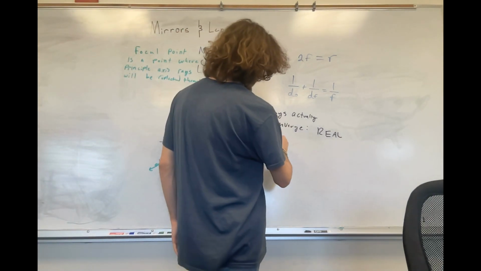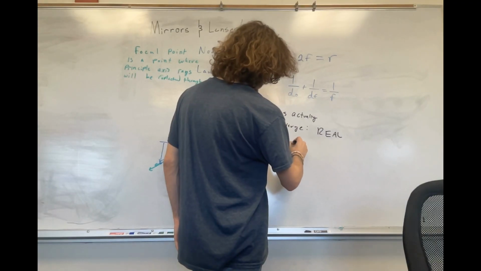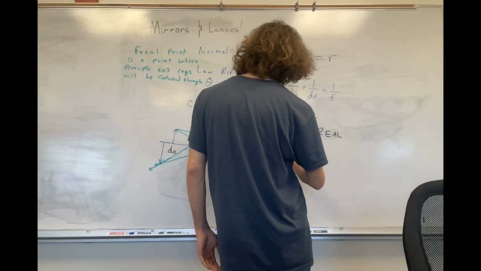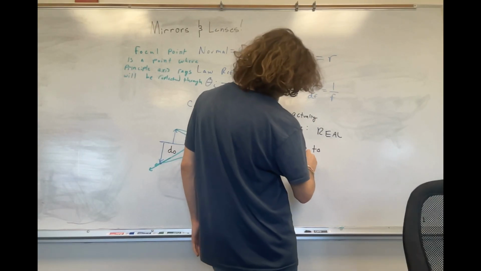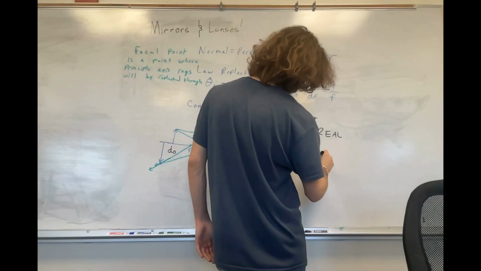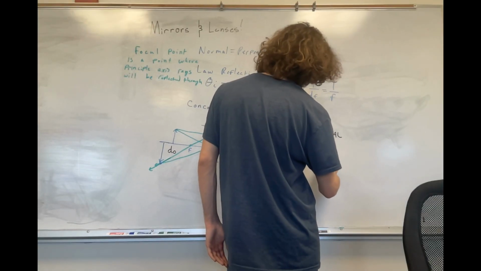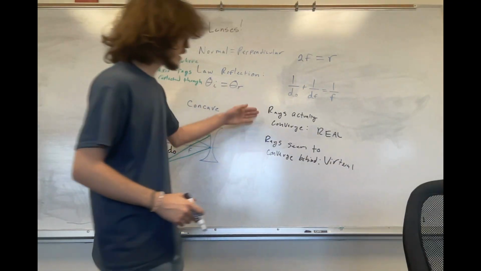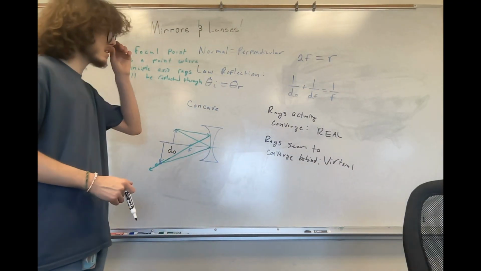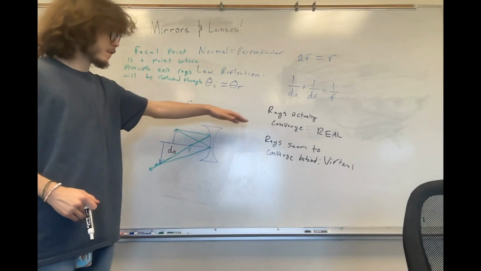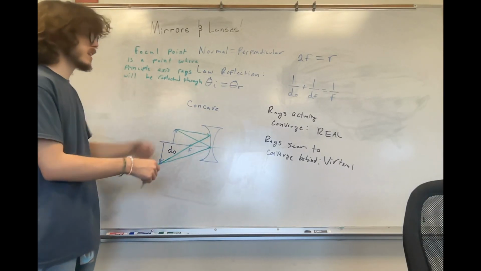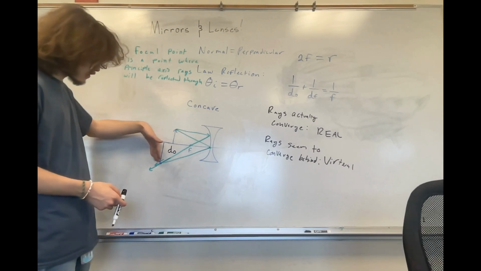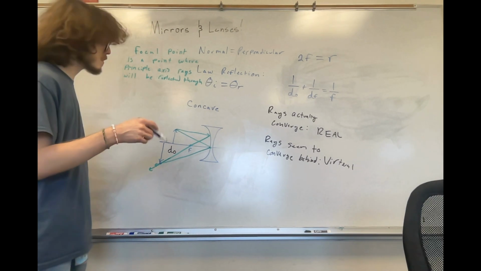If the rays seem to converge behind, that's a virtual image. So we'll see examples of both, but just keep this in mind. It's a very conceptual thing. If the rays are converging, it's real. If they seem to converge, it's virtual. And if you notice, the rays are actually converging here, so you're getting a real image.